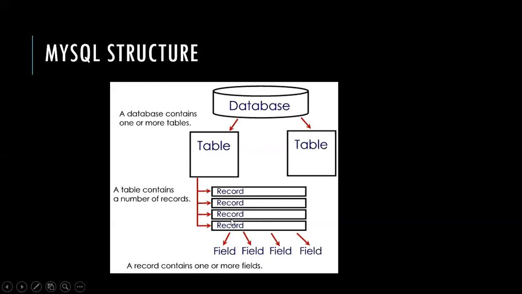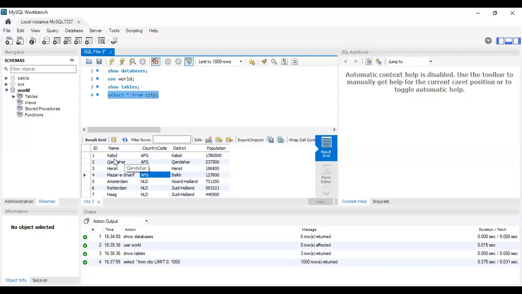In the city table there are a number of records. So Kabul, Afghanistan, district, population, right? Like that, number of cities are there.